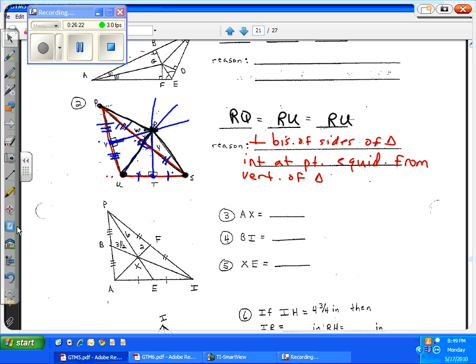That's about as short as we can abbreviate it. The perpendicular bisectors of the sides of a triangle intersect at a point that is equidistant from the vertices of the triangle.